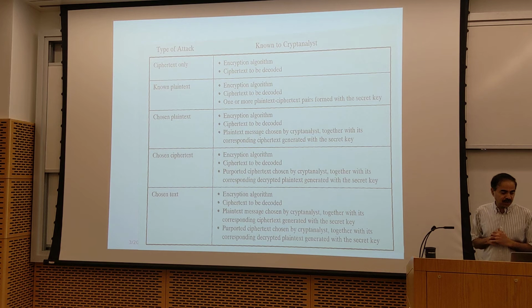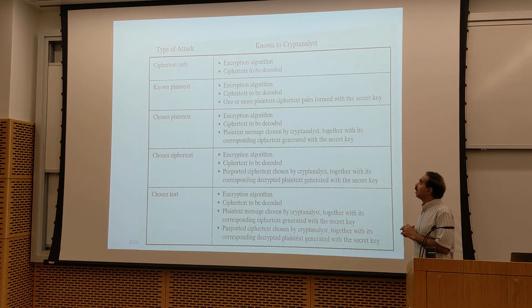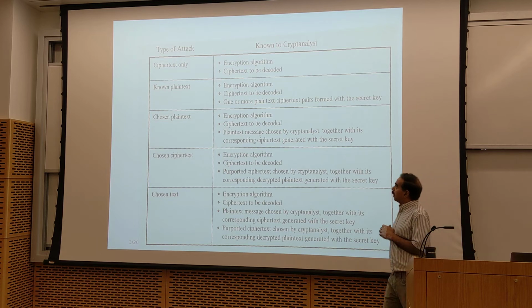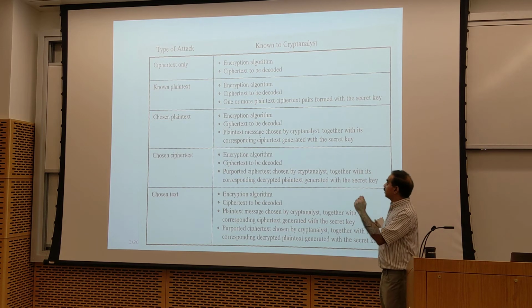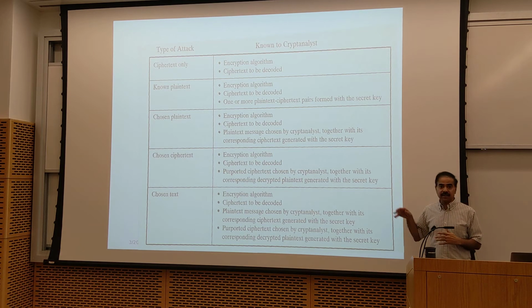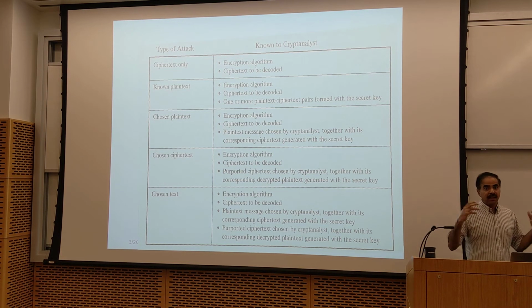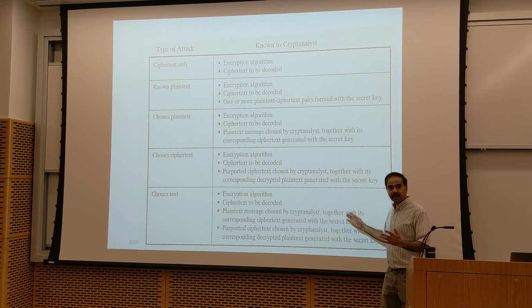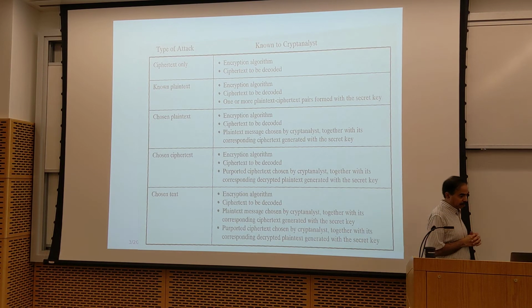Ciphertext only means the adversary knows the encryption algorithm and the ciphertext, but they don't know the key or the corresponding plain text. Now, known plain text means that they know the encryption algorithm and the ciphertext. In all these cases, of course, they're going to have the ciphertext because ciphertext is transmitted on the wire, and we assume that the attacker can siphon off anything from the wire.